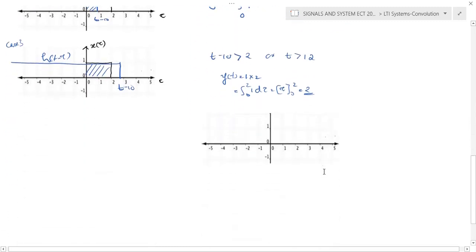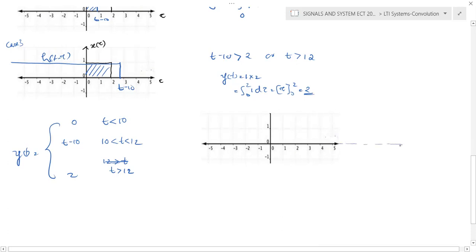You can conclude: for t less than 10, it's 0. Between 10 and 12, you will get t minus 10, and for t greater than 12, you will get a constant area of 2. This is the final result, y of t, and you can also plot this if you take the values.